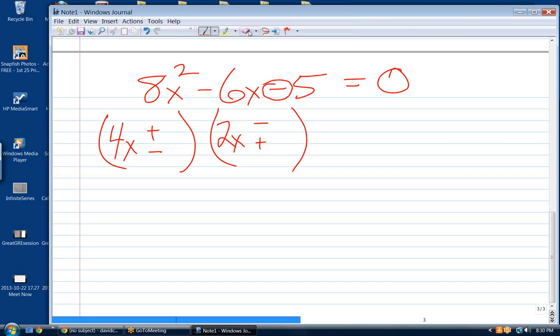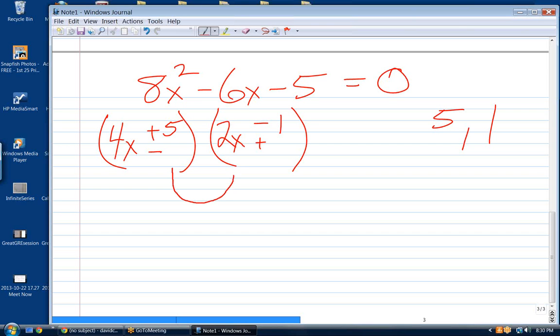Now, factors of 5. What are factors of 5? 5 and 1. I'm just going to start trying them. In other words, at this point, for me, it's trial and error. Does this work? If you did 4x plus 5 and 2x minus 1, it works. No, that's what I've got here.